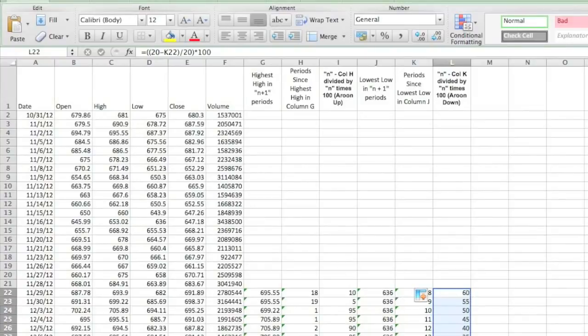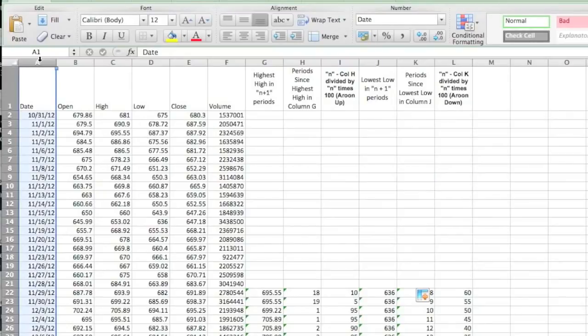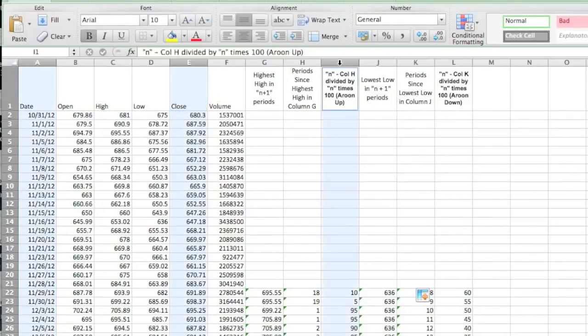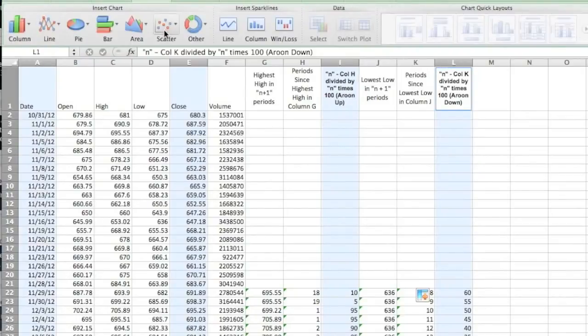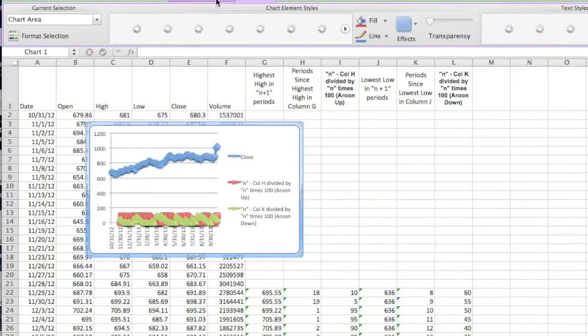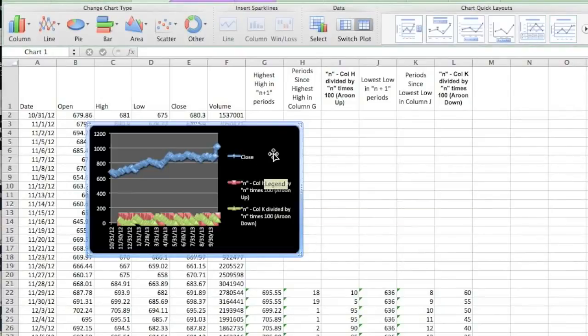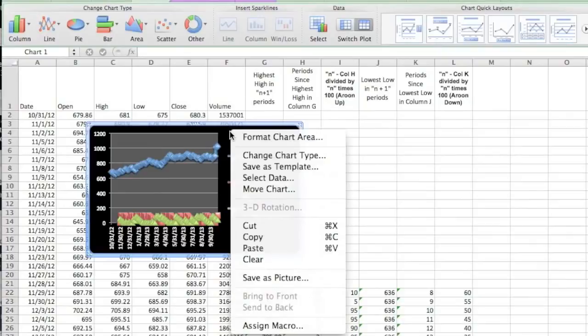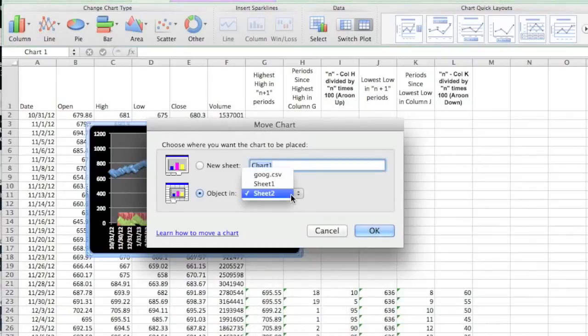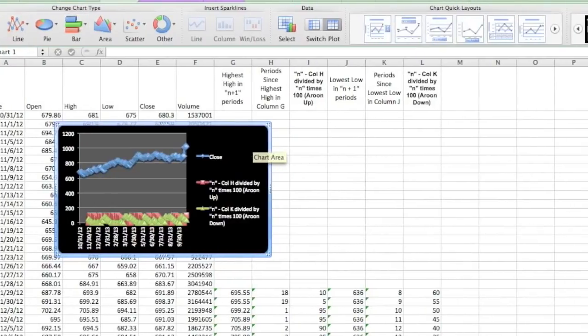To fill in the rest, now we're going to plot them. You want your date, close, Aroon up, and Aroon down. There we go. I'm just going to move it to a new sheet.